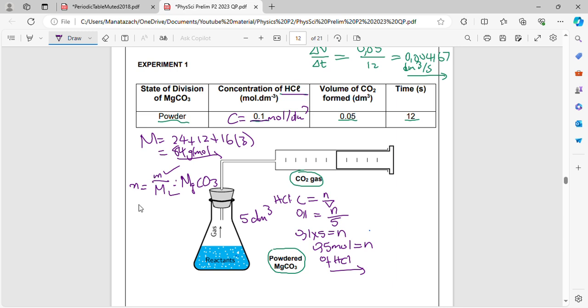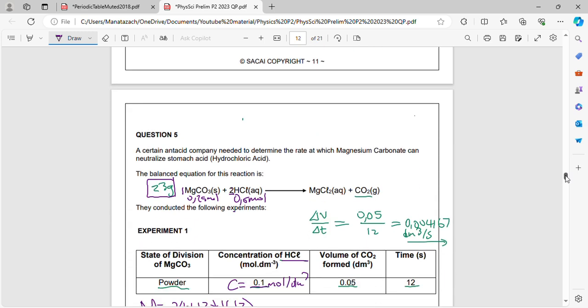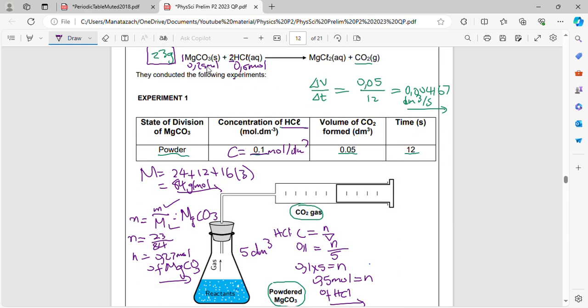Now I can work out the number of moles. That's 23 grams, and the molar mass is 84. So the number of moles is 23 divided by 84. I get 0.27 mole of magnesium carbonate. Remember, I only need 0.25 mole of magnesium carbonate, and I actually have 0.27 mole. So magnesium carbonate is in excess by how much?